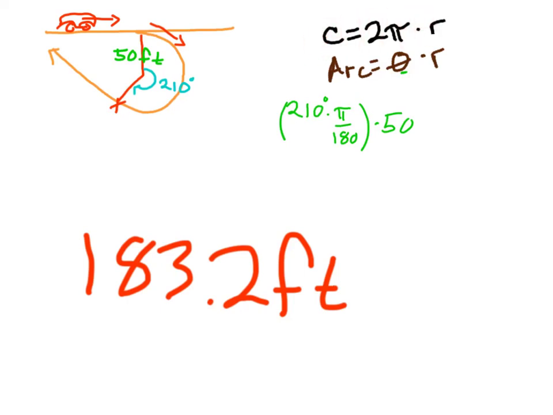So what would the full circumference be? The full circumference, 2 pi times r, is equal to 314 feet. Well, if I was going all the way around the circle, sure, 314 feet might work. But this isn't, this is just part way. So I guess 183 feet sounds pretty good.